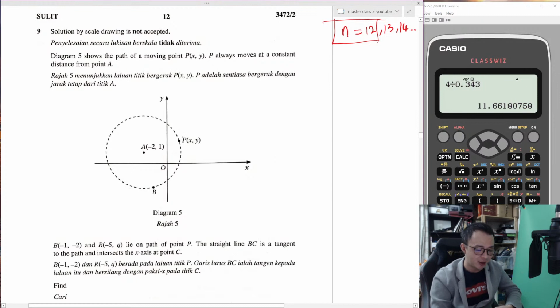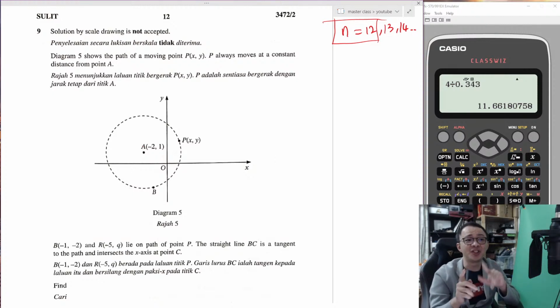Then we have one more point, negative 5, Q. I do not know where R is, maybe somewhere here, but it doesn't matter. BC is tangent to the path and intersects the x-axis at C.